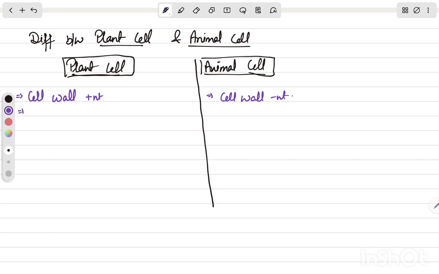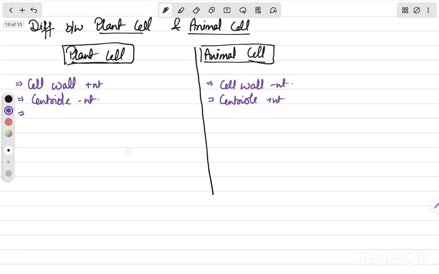Second, we have just discussed that centriole is present in animal cell, and this centriole is absent in plant cell. Next difference is plastid. Plastid is present in plant cell, or chloroplast we can say, and this plastid is absent in animal cell.